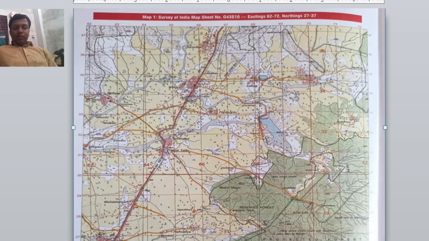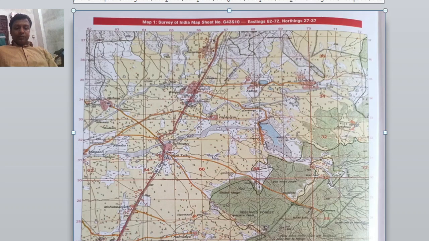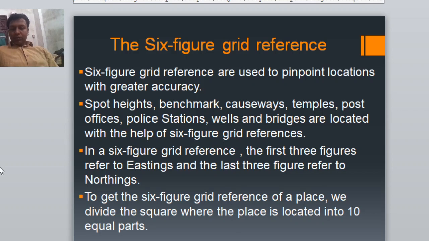I want to show you in a zooming position. So we have many areas here. Look at this.